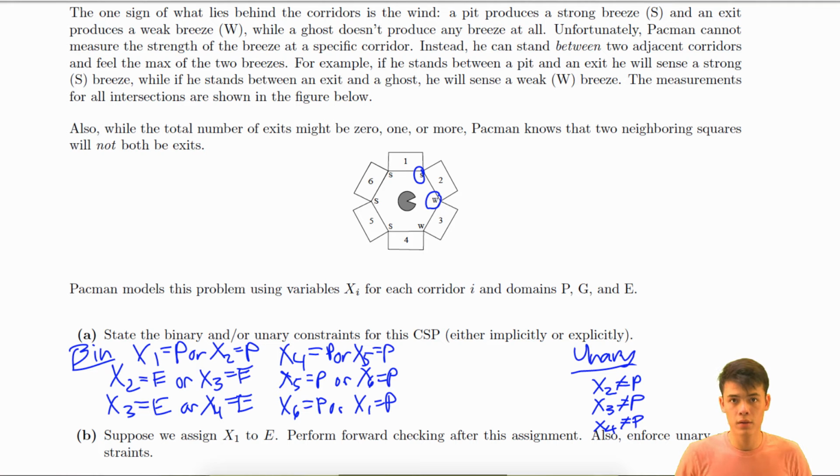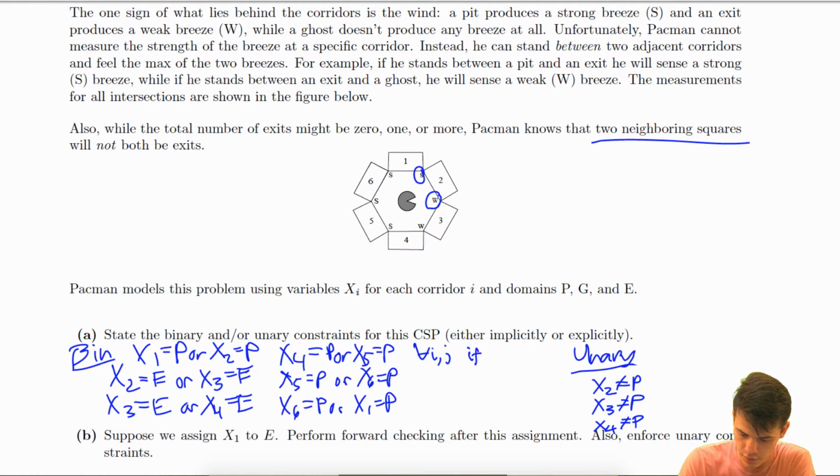Cool. Are we done yet? Not quite. We need to incorporate this constraint here, that 2 neighboring squares cannot both be exits, right? So one way to formulate this would probably be to say, for all indices i, j, if these 2 are adjacent, i and j, then we cannot have both xi and xj be exits, right?